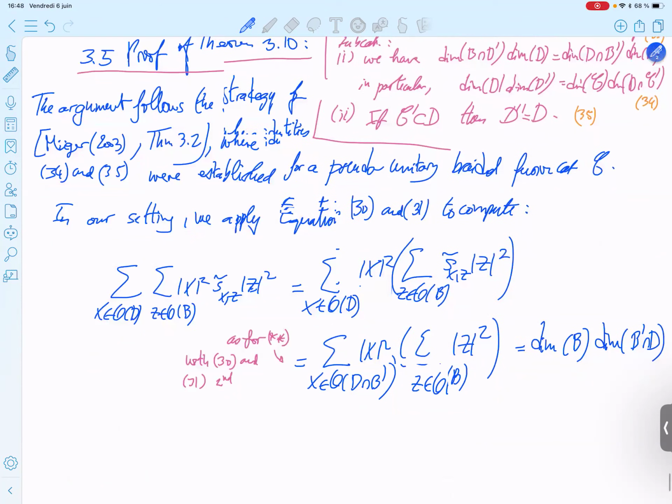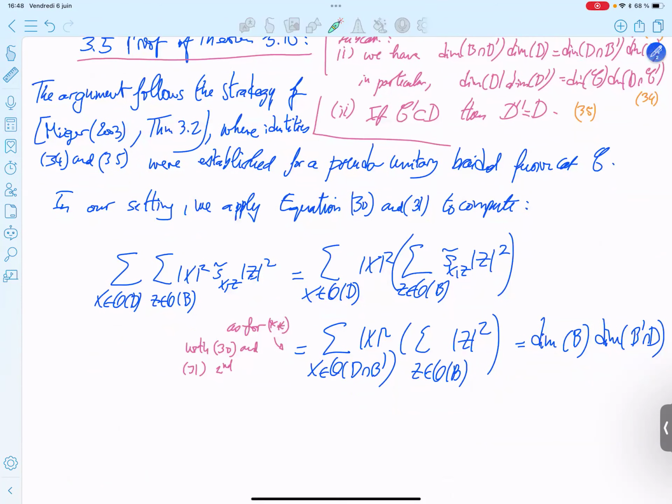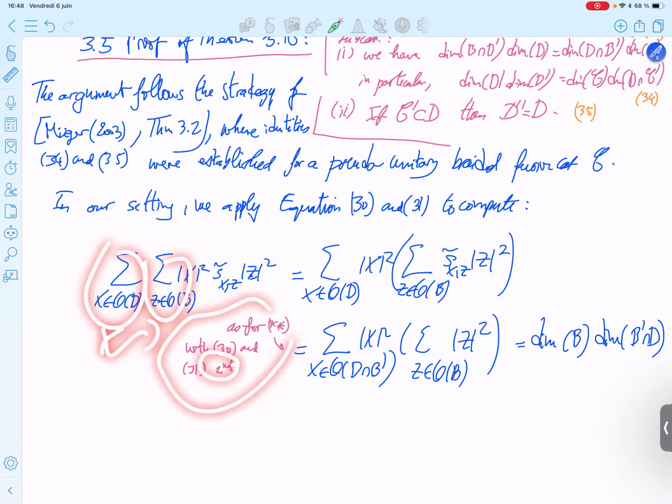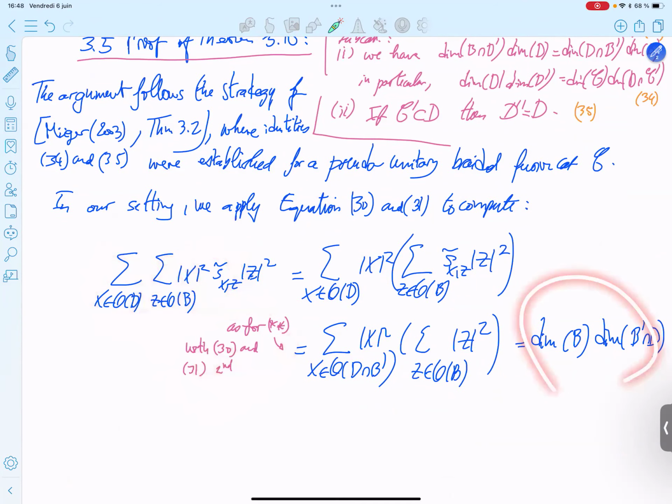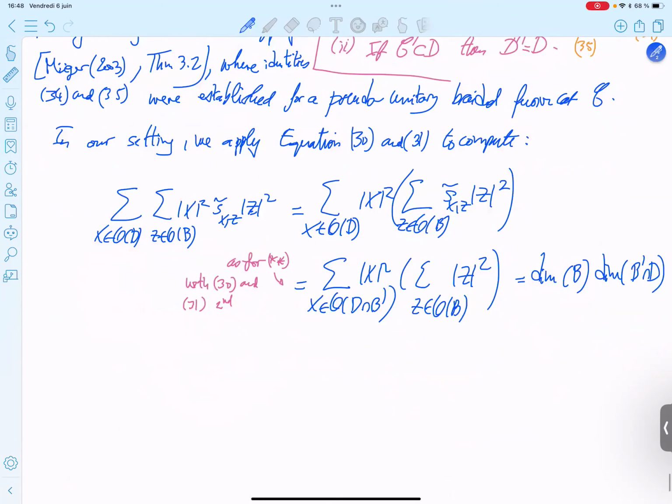Okay, so we choose this ordering. But you see, D and B play a symmetric role, so you can just exchange the two, develop, but now with the first part like that, and you will get another number that will be the same.